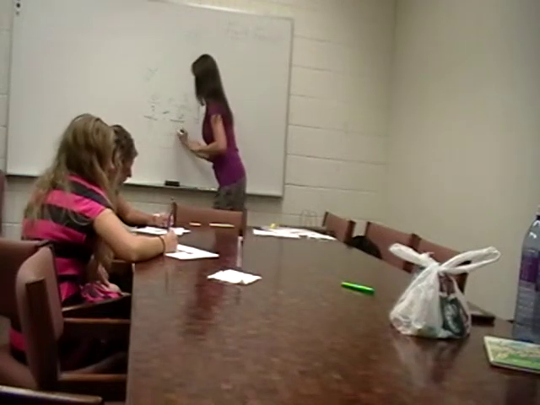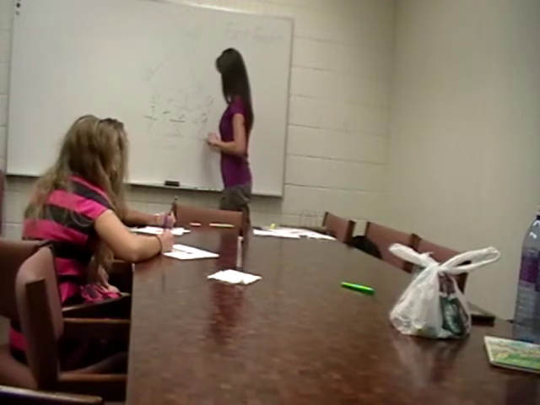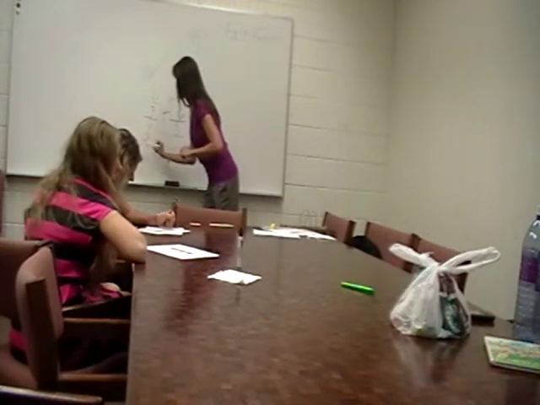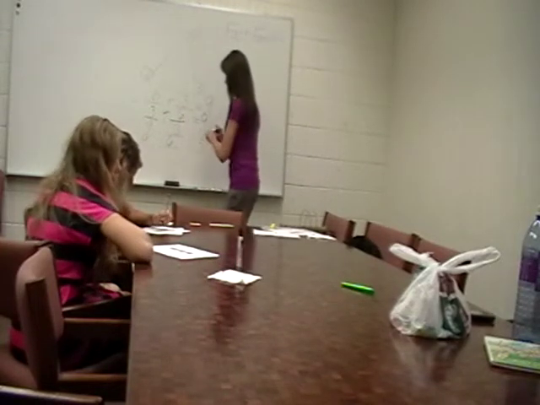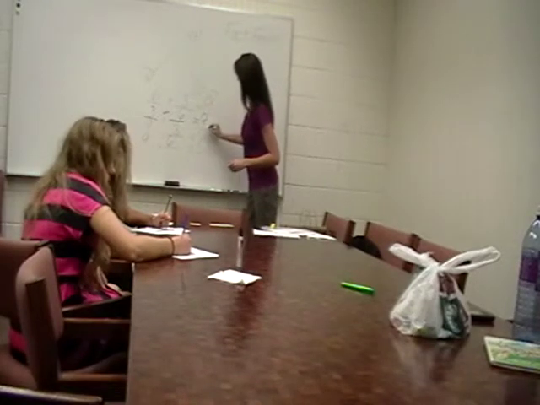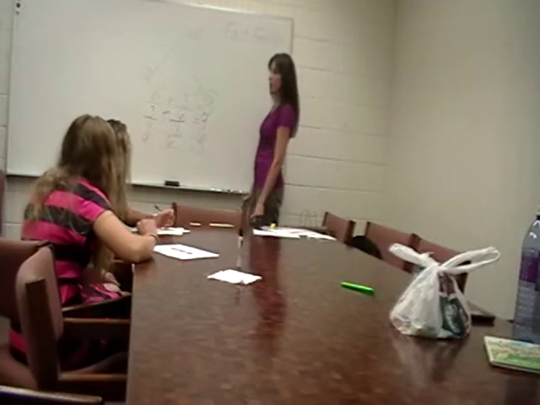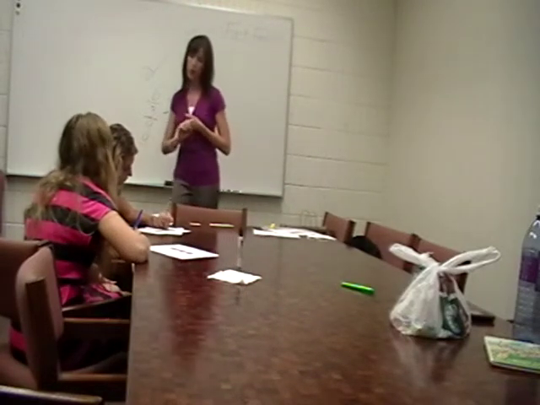Okay. So 9 minus 3 equals 6. All right. And then what about our last one? 9 minus 6 equals 3. Great. Okay. So our fact family here is 9, 6, and 3. Great job.